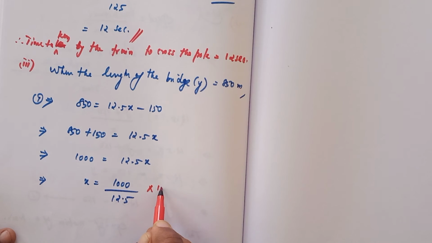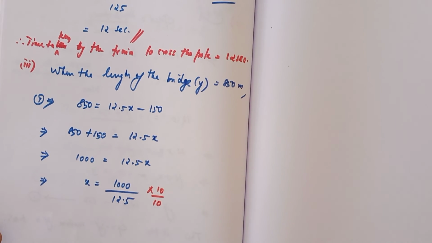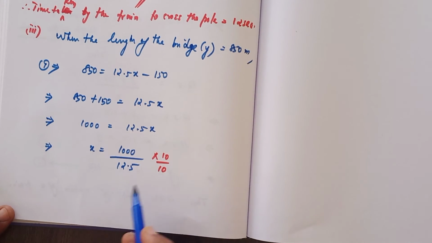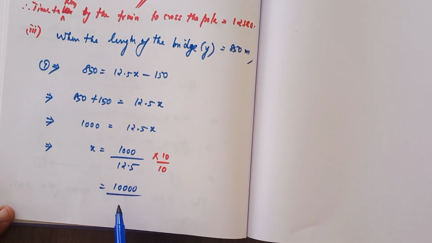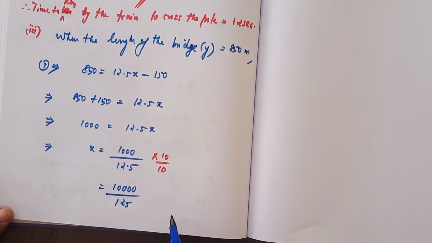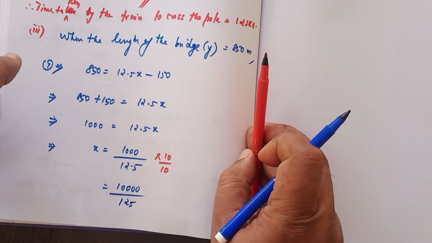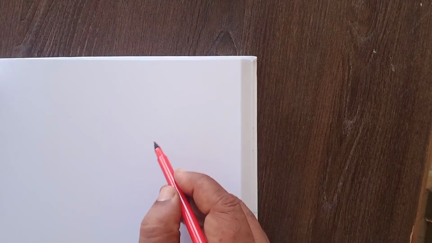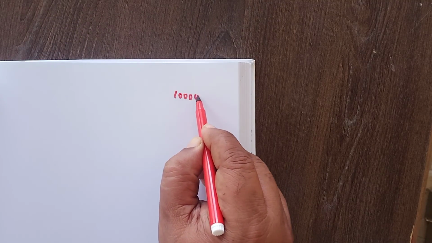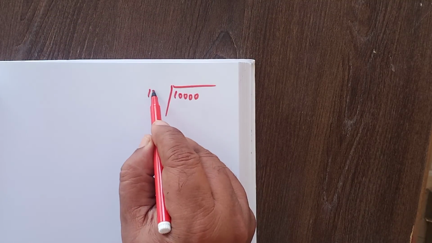Multiply by 10, divide by 10 for eliminating the decimal point. 1000 into 10 is 10,000 divided by 12.5 into 10, that is 125. Sorry, 10,000 divided by 125.